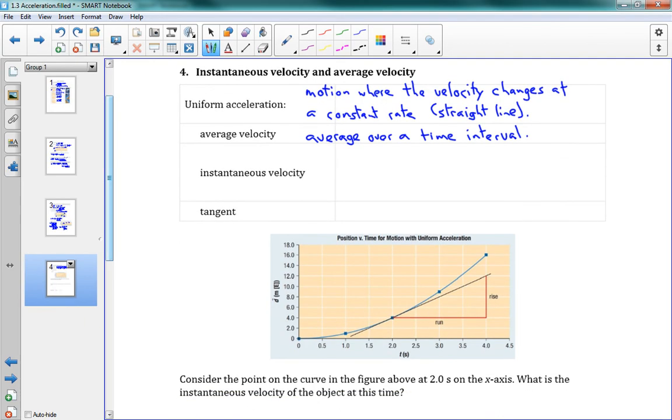But the other thing we're looking at is instantaneous velocity. And this is instead the velocity at a specific instant in time. And the way we find this is by measuring the slope of a tangent on a position time graph.